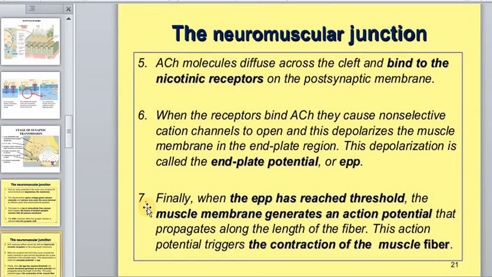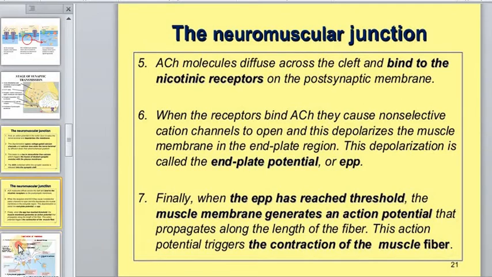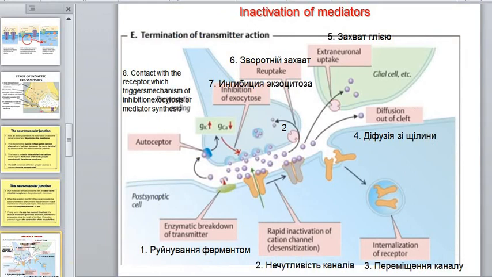Finally, when the potential reaches threshold, the muscle membrane generates an action potential that propagates along the length of the fiber. This action potential triggers the contraction of the muscle fiber. You know it from the previous practical. And what we have here, you see all the stages.